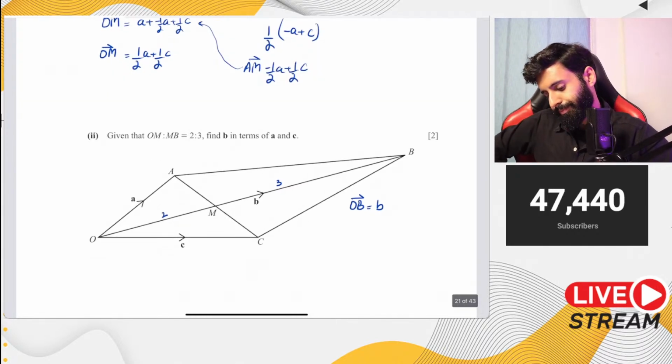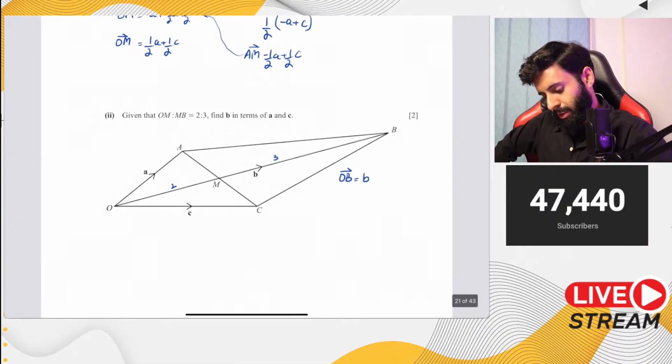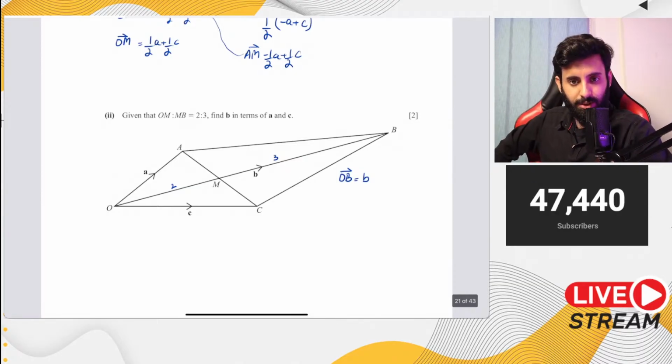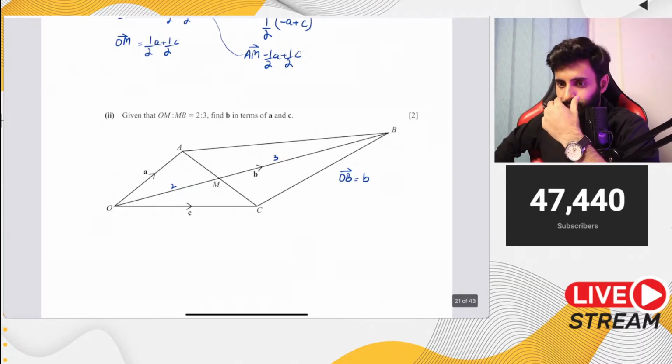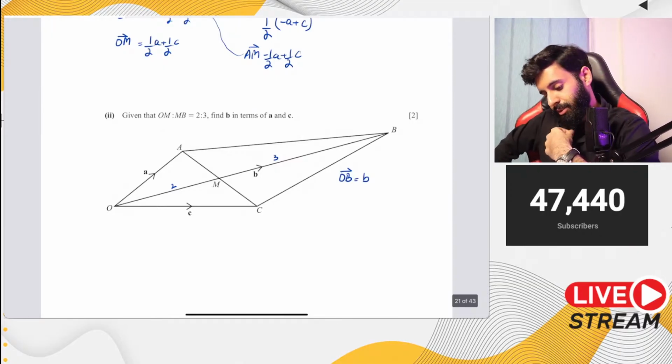Now let's talk about how to solve this. How exactly will we get B in terms of A and C? Question for you guys. Ratio, okay.